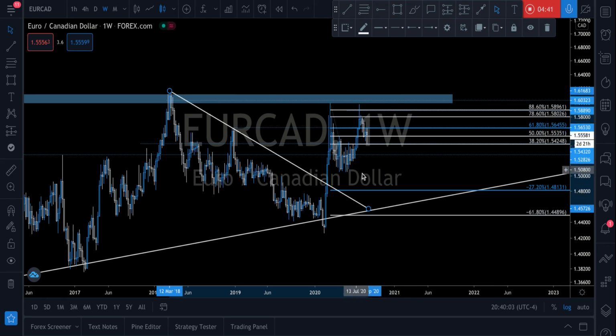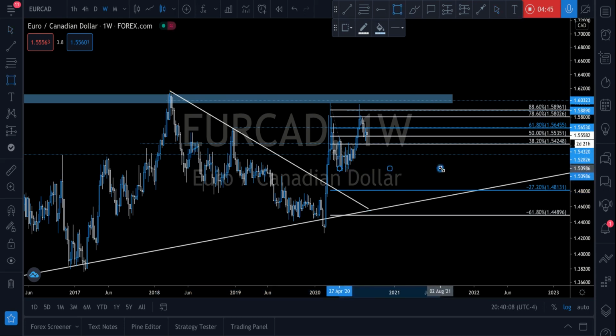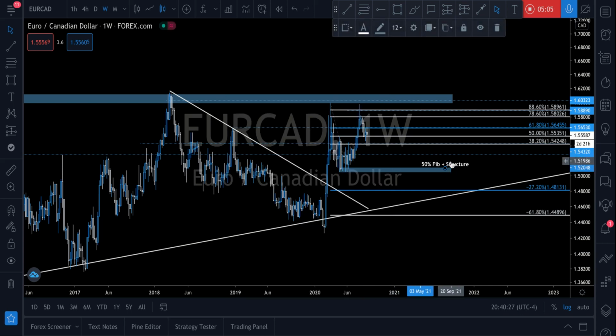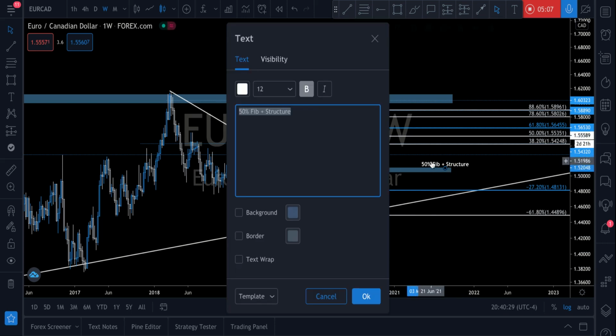So what I would like to see is something occur where we're looking at structure right here as our TP. Like I said, this was the 50% fib, and then it's going to be structure. We'll do TP1 right here.